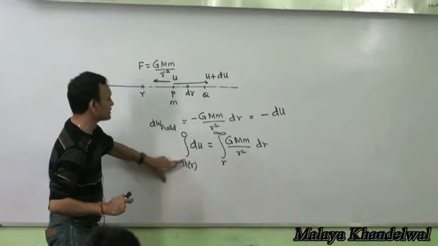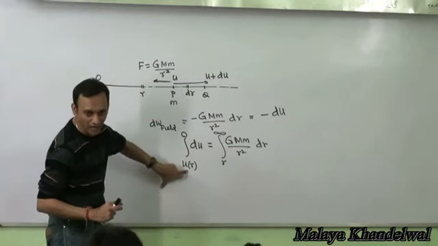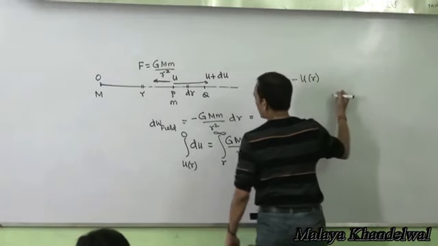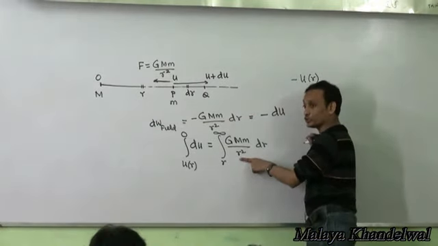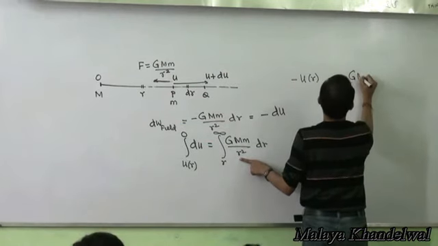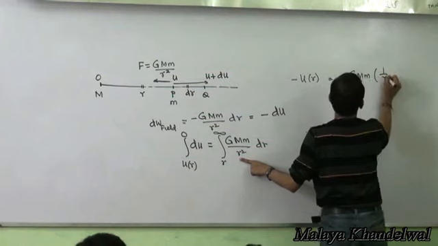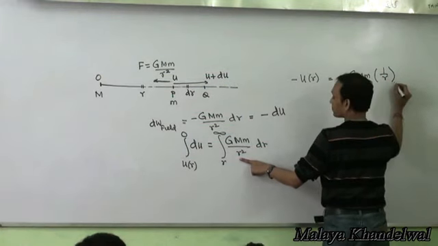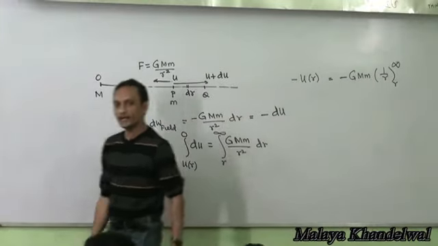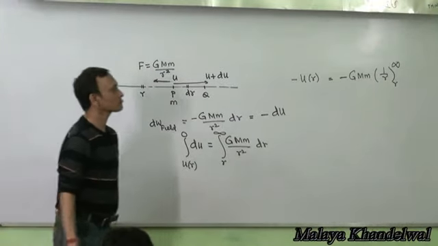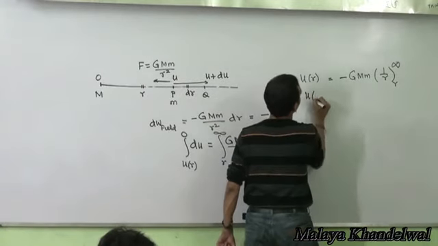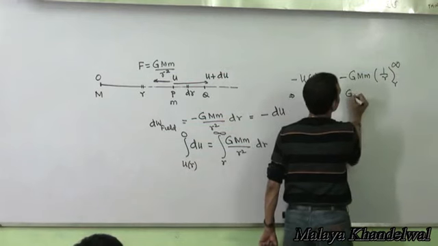So then when I integrate this, I get minus U at r. And 1 by r squared, when you integrate, you will get minus 1 by r. So this would be minus GMm by r, where r runs from r to infinity, which would produce the potential energy at r as GMm.